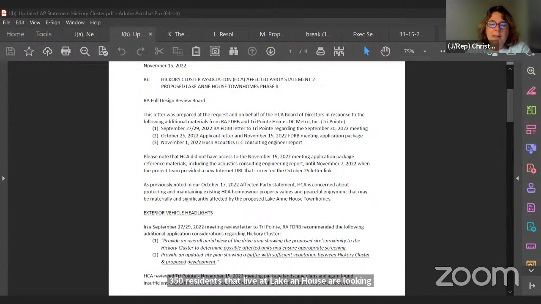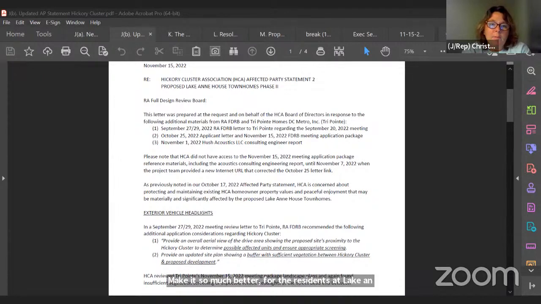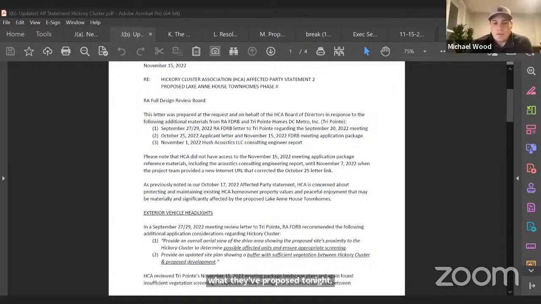Seeing the plans tonight certainly helps to achieve our goals of intergenerational community. This will be attractive to families with kids and pets, and it is going to increase the quality of life for the residents at Lake Ann House. We really appreciate the vision that TriPoint has for this property, and we're in full support of what they've proposed tonight. Thank you. Great, thank you.